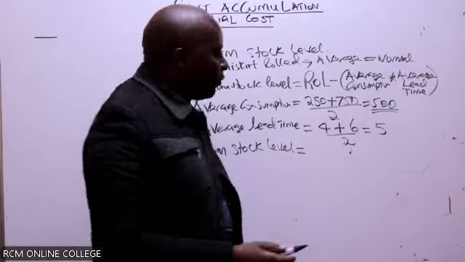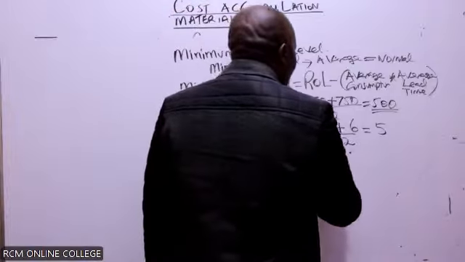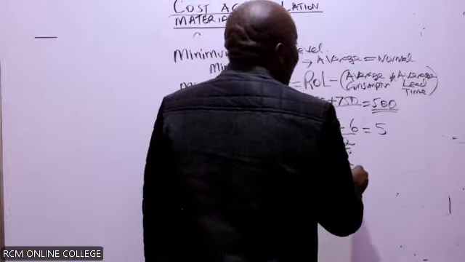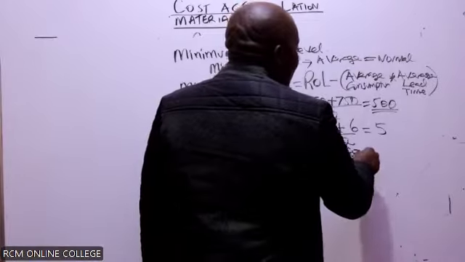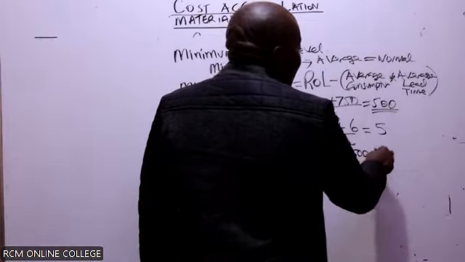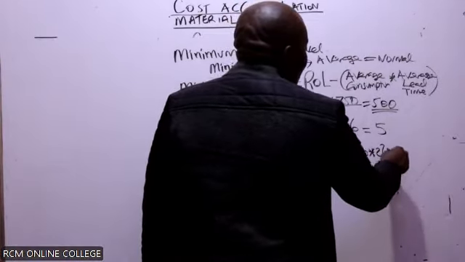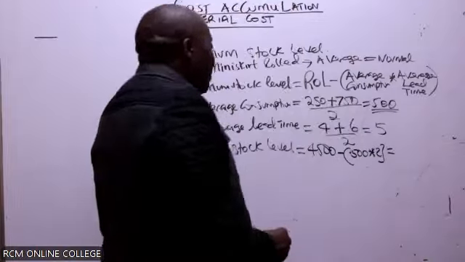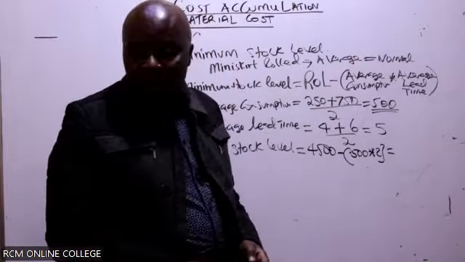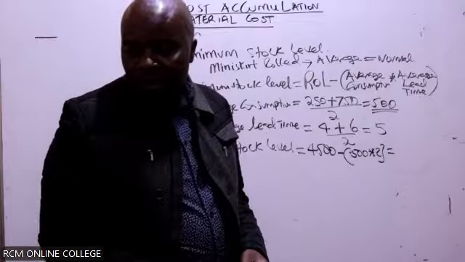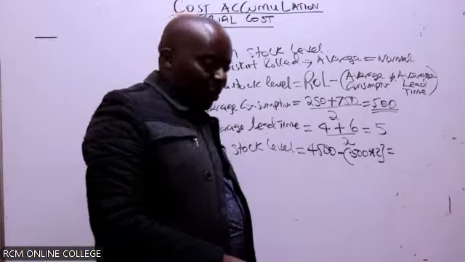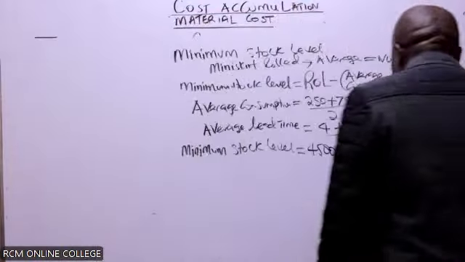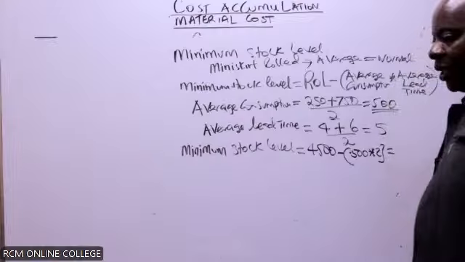The reorder level was 4,500 minus the average consumption, which is 500, times the average lead time, which is 2. So the minimum stock level at the end of the day will be equal to who?